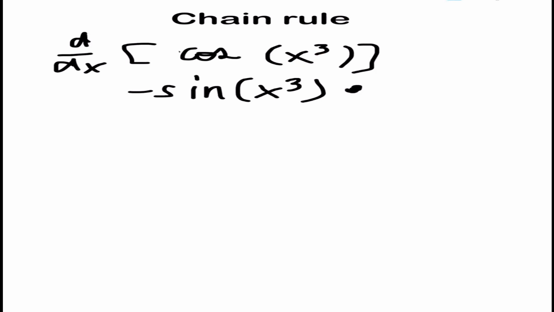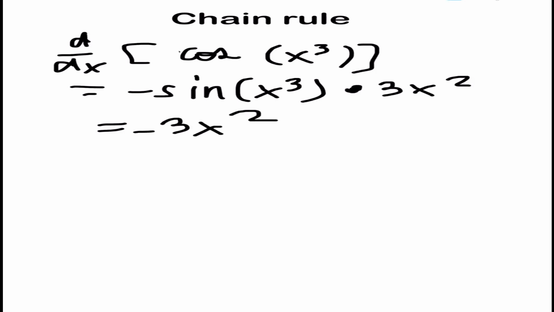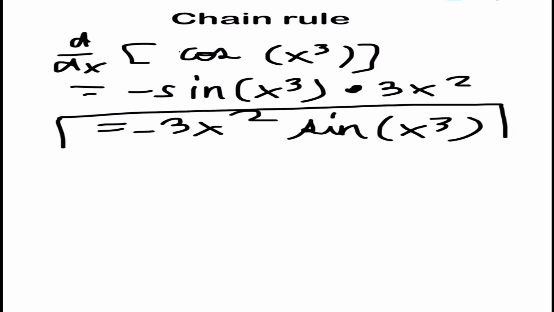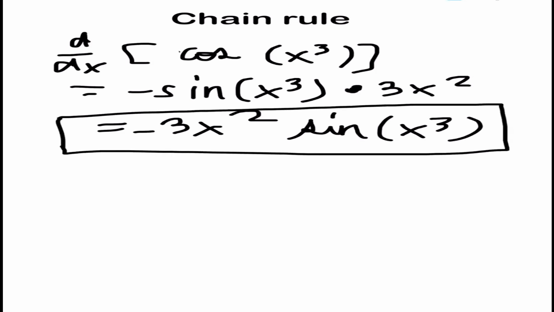It's 3x squared. And now, the final answer would be negative 3x squared sine x cubed. So this now is the final answer.